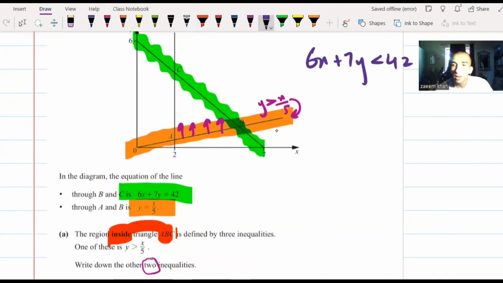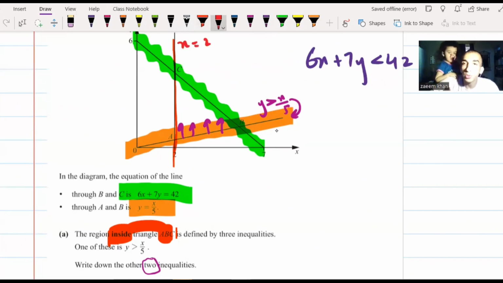Can you give me the final answer? You've defined the orange line, you've defined the green line. Can you define this red line? Essentially, I'm just asking you for the equation of this line, and then we're going to change it into the inequality of this line. x equals 2. Perfect. This is x is equal to 2.